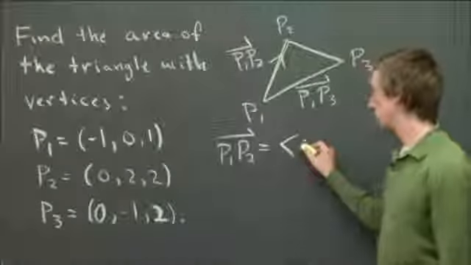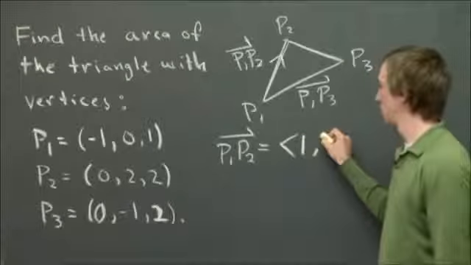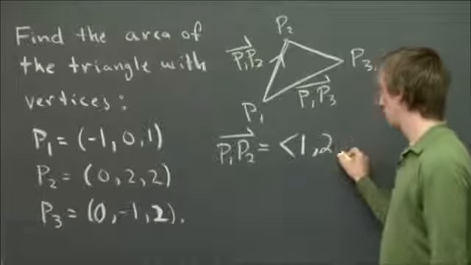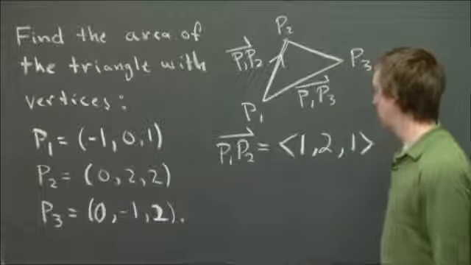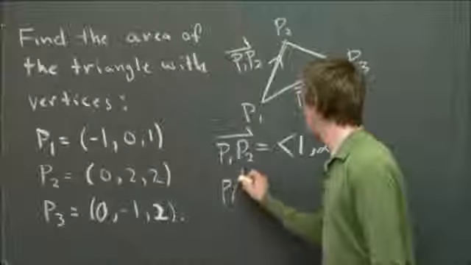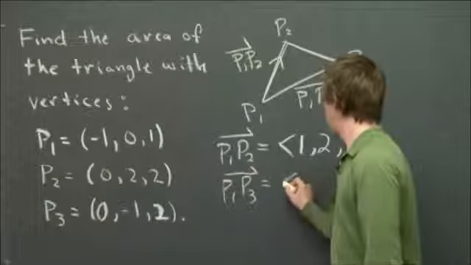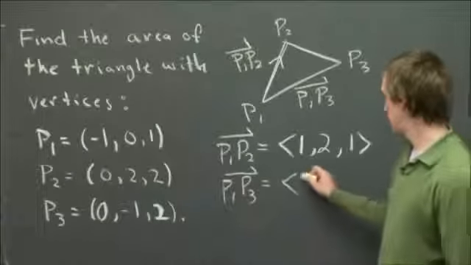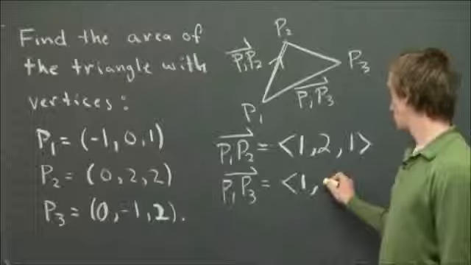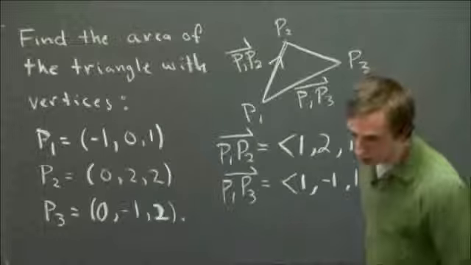So we get 0 minus a negative 1, so we get 1, 2, and 1. And let me just check my notes to make sure I did that right. Good. And P1P3, we get, again, 0 minus a negative 1, so 1, we get minus 1, and then we get 1. Let me again check my notes.